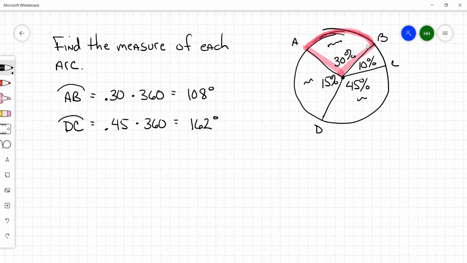All right, and then I think we might do arc length tomorrow. We're just going to do arc length today.